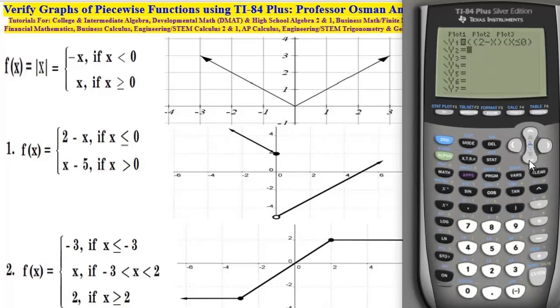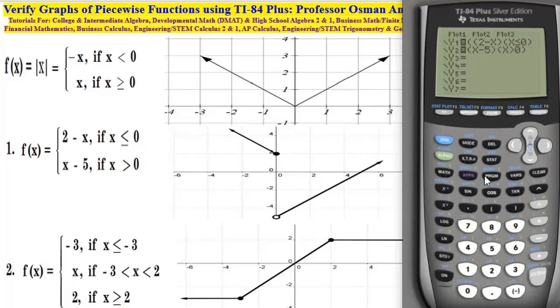And the second function is open parenthesis x minus 5, and this is valid for x greater than 0. So it is 2 minus x for x less or equal to 0, and x minus 5 for x greater than 0.